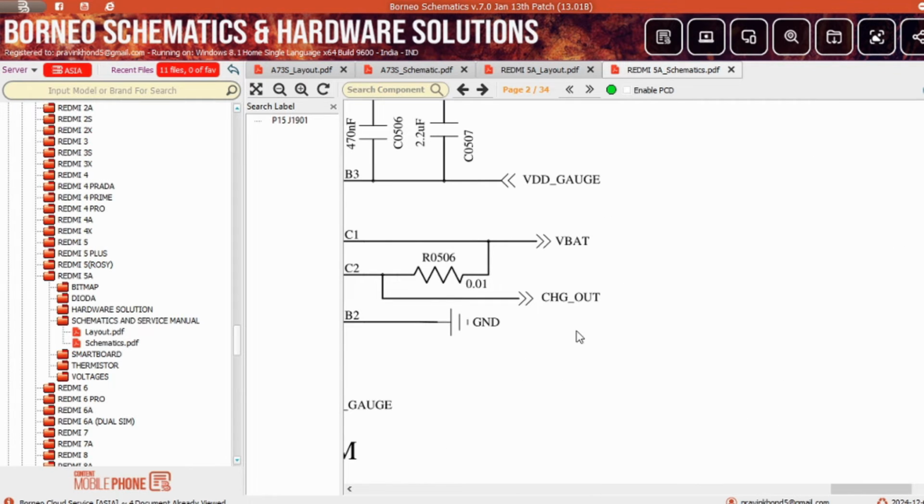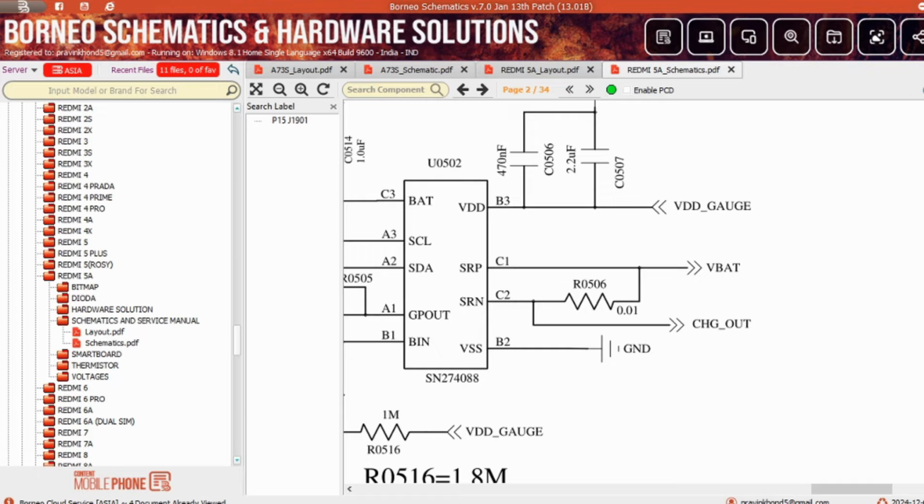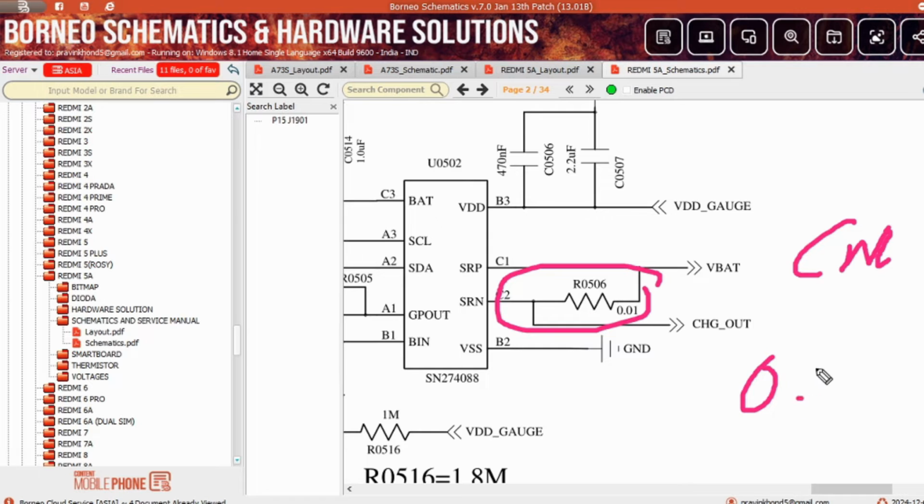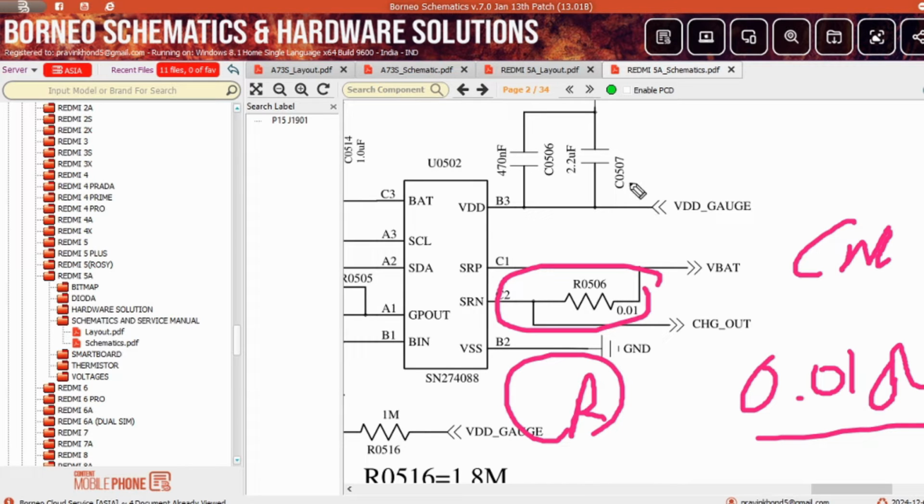When you click this line, you can see there is a resistance called the CNC resistance, 0.010, a micro value resistance. If you check in beep mode, this resistance sounds a beep. I already told you what this resistance's purpose is.